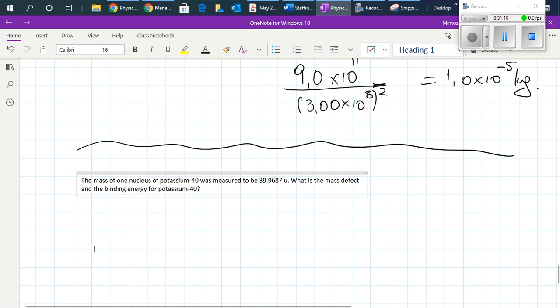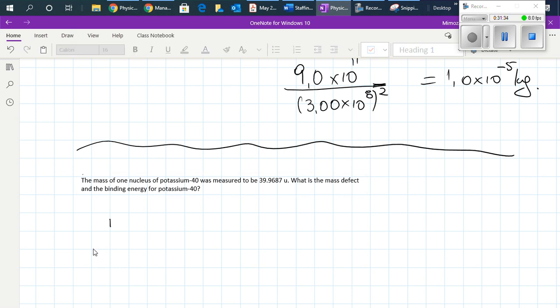Let's figure out what we call the theoretical mass, which is nothing but the mass of all protons and all neutrons in the nucleus of potassium-40.